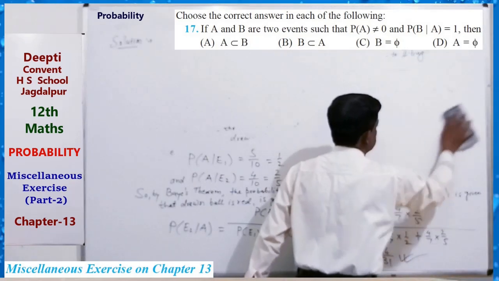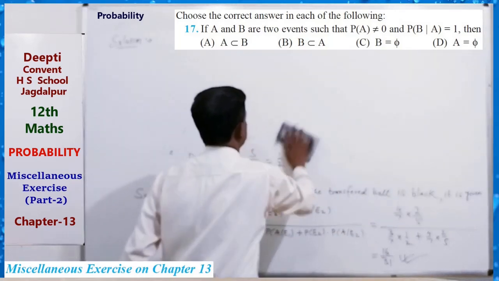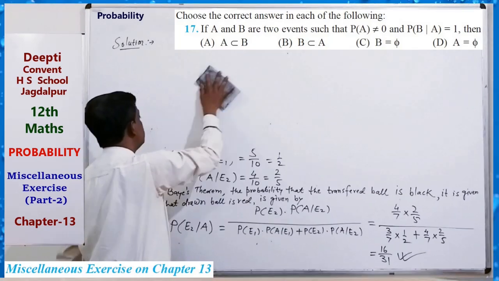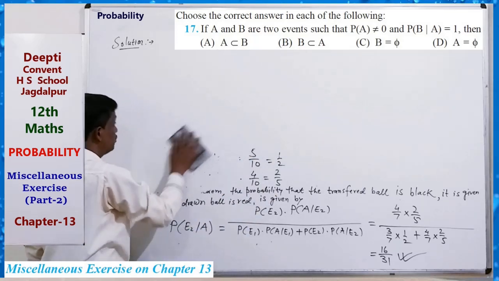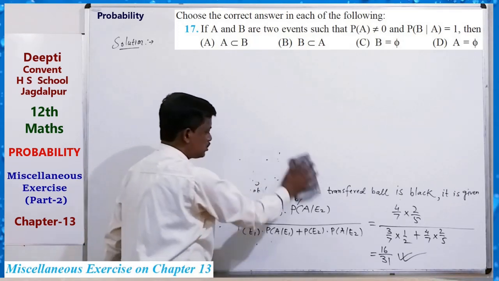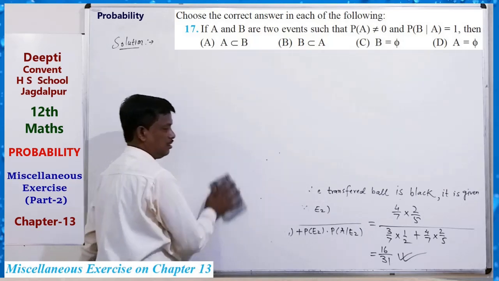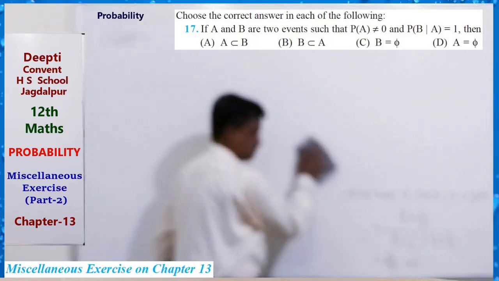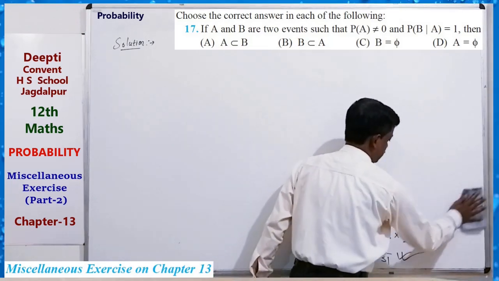Not equal to 0 means that in the formula, this probability will occur in the denominator. That's why it is given that P(A) is not 0. And also P(B by A) equals 1 is given. Then we have to find which option will be correct.